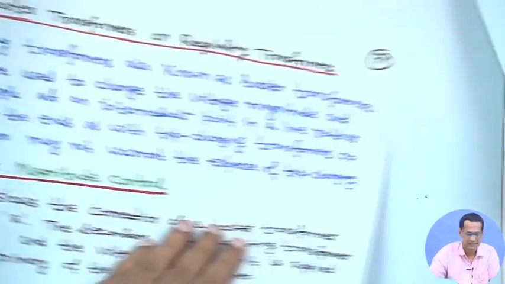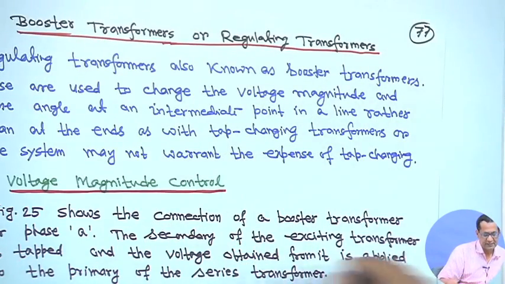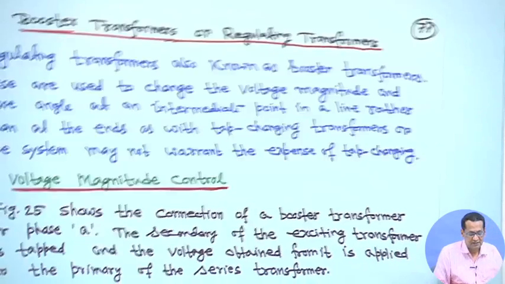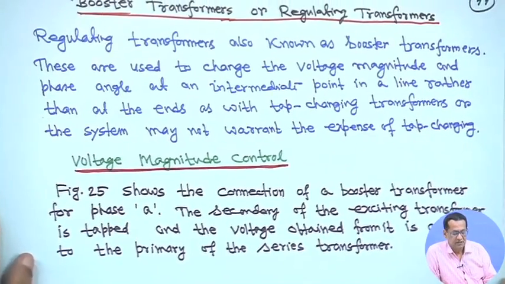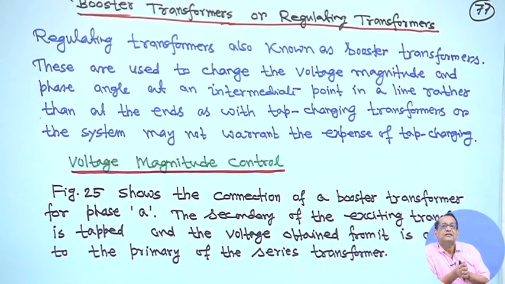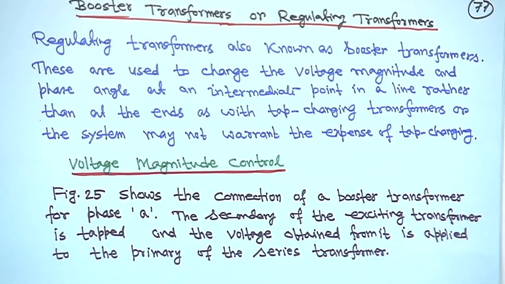In this case, the booster transformer and regulating transformer are the same thing; sometimes we call it a regulating transformer, sometimes a booster transformer. These are actually used to change the voltage magnitude and phase angle at an intermediate point in a line rather than at the ends.